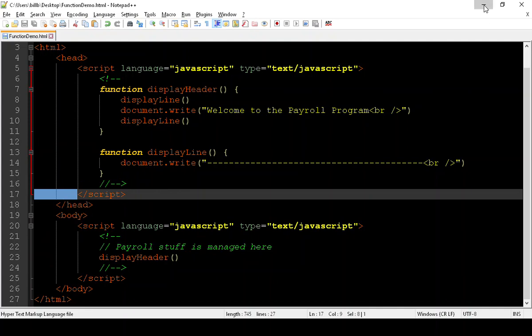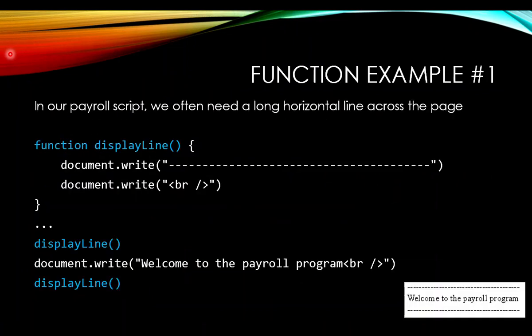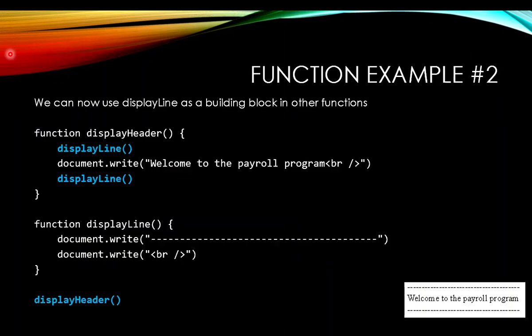All right, so let's jump back to our slides. So we talked about where we'd write functions. We wrote this function example. You know now where they go. And then we did a second example. We used the definition and call, of course, in both cases. Then we wrote another example where we created another building block, another function, which counted on and used a function that we wrote somewhere else in JavaScript, right?